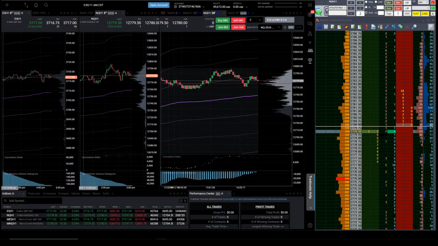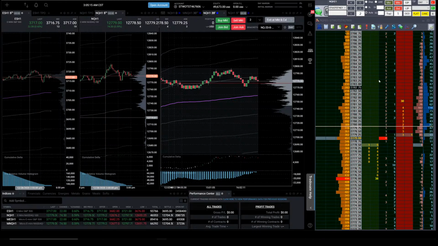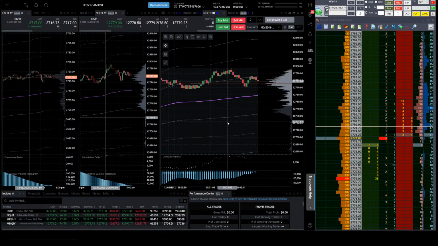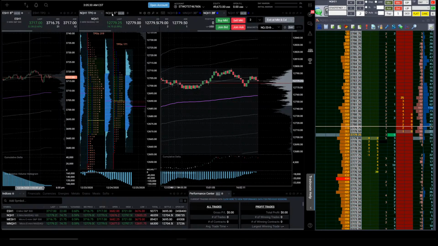Combine. The screens are Jigsaw DOM, NASDAQ 20 range, the 5-minute NQ. When we go to regular trading hours, I switch to the TPO chart. This is also NASDAQ.